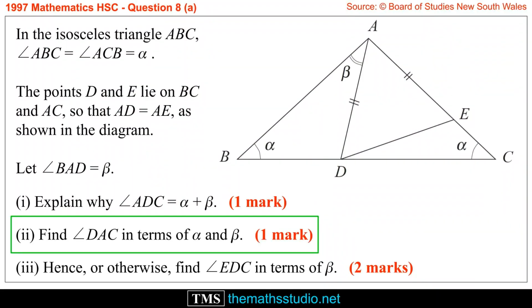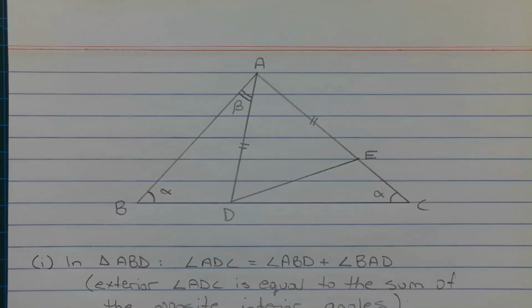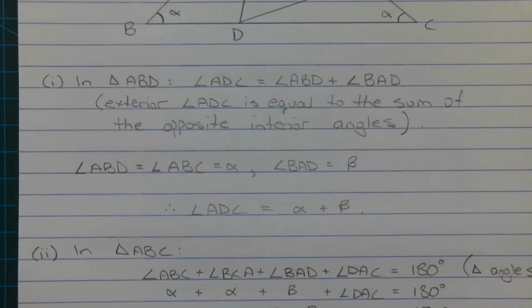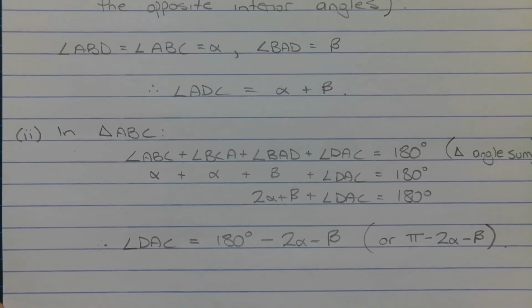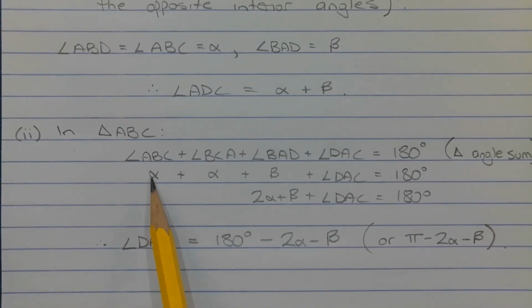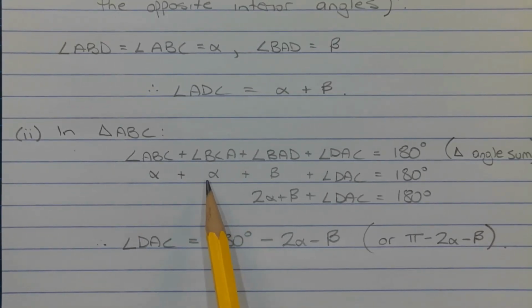Part 2. Find angle DAC in terms of alpha and beta. In triangle ABC, angle ABC plus angle BCA plus angle BAD plus angle DAC is equal to 180 degrees. And the reason is angle sum of a triangle is equal to 180 degrees. Now angle ABC is equal to alpha, angle BCA is equal to alpha, and angle BAD is equal to beta.